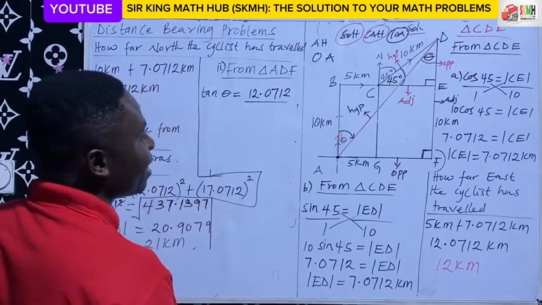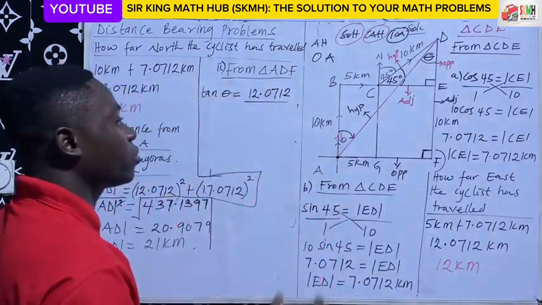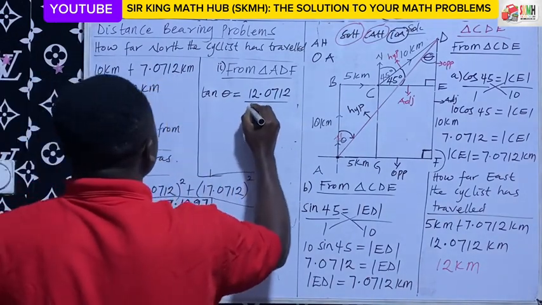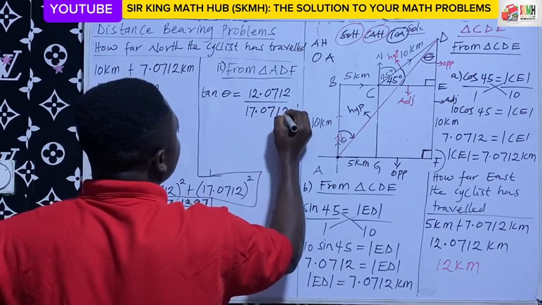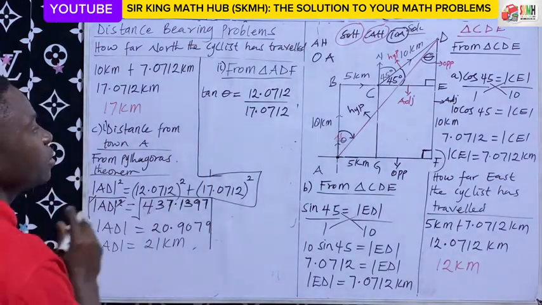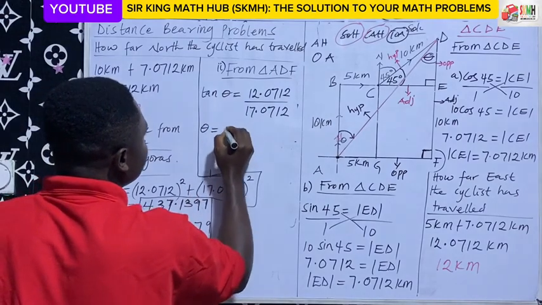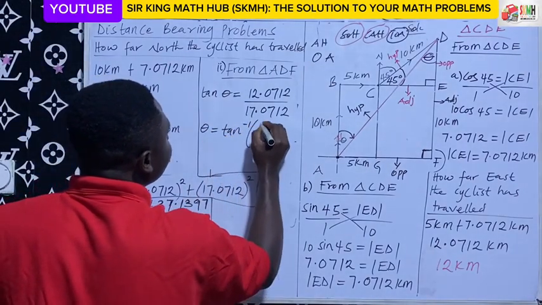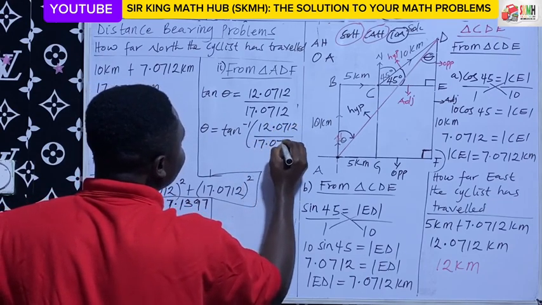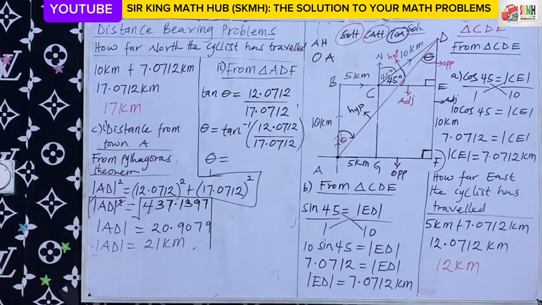That is the opposite divided by the length of the adjacent, which is how far north he traveled, again not the estimated value, 17.0712. How then do we calculate theta? We need to take the tan inverse on both sides. The tan and its inverse cancel out, leaving theta equal to the tan inverse of 12.0712 divided by 17.0712. We're almost done. The rest is calculator work.